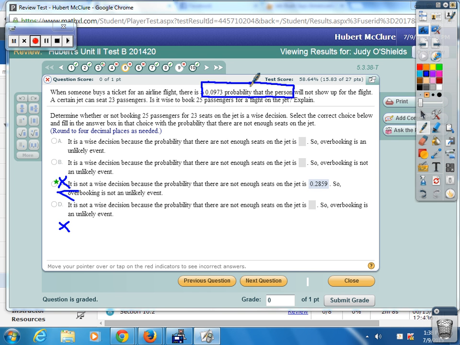So when you see this right here, first of all, you know you're going to use that number because what does it have right beside it? Okay, so you know you're going to use it.